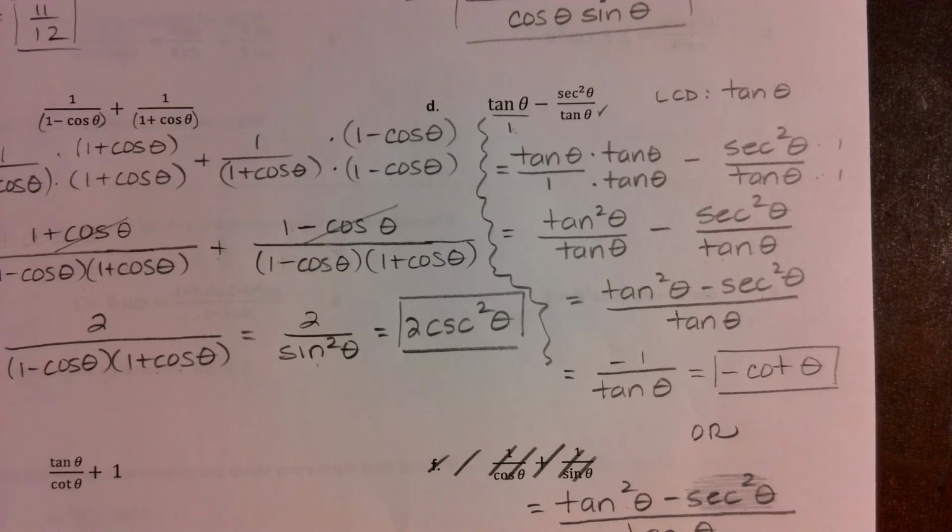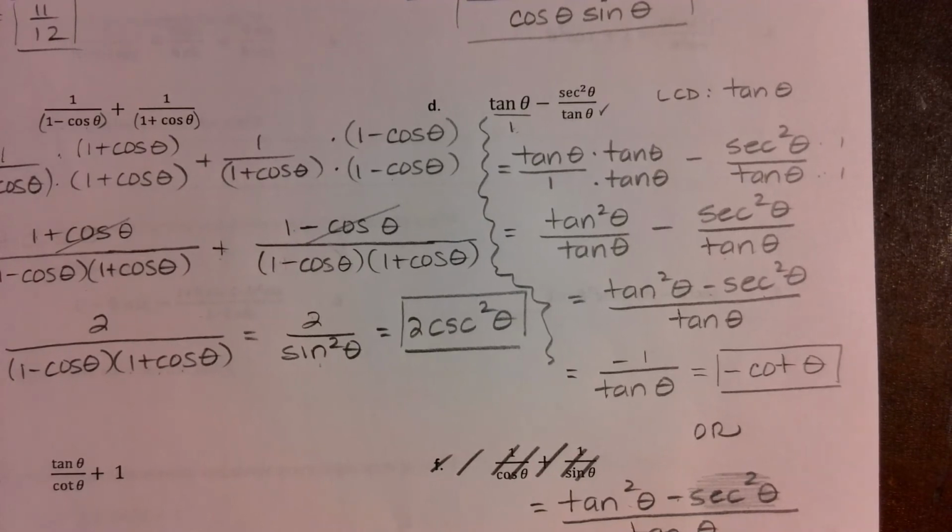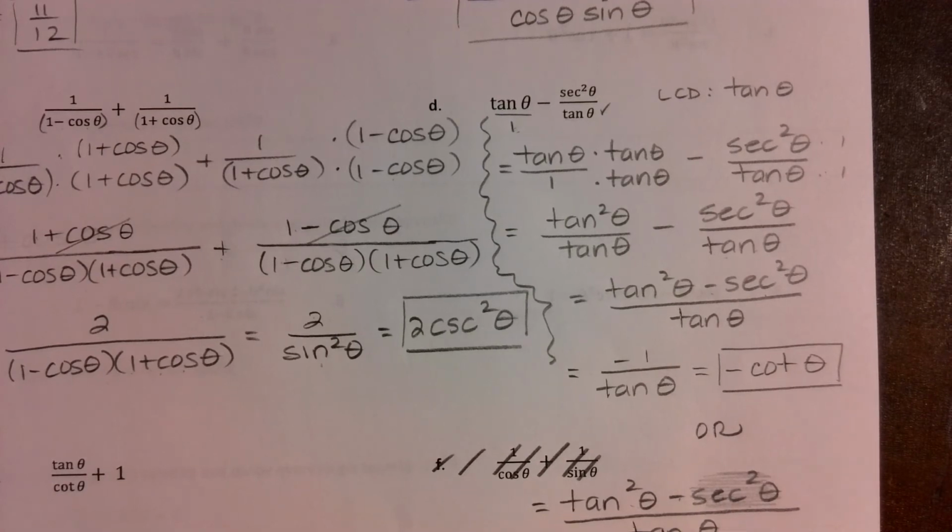But if you replace this one, I'm going to bring the tangent squared theta down, and this minus, and I'm going to replace secant squared theta with 1 plus tangent squared theta. That's what's in my formula sheet. Bring down the tangent theta. And I'm going to have to distribute that negative 1.